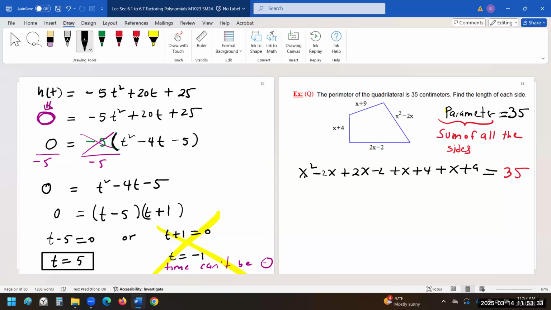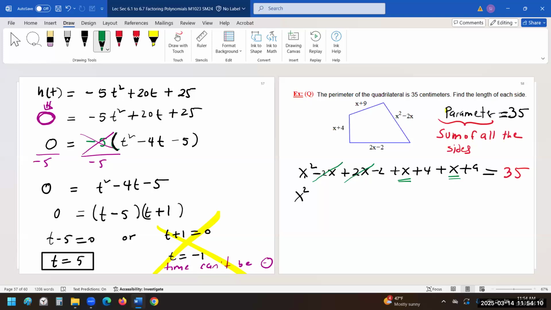So that was the hardest part, figuring out your first step. Once you see your first step, the next step should be clear, right? What do you do? Combine like terms. So we don't have any more x squared. But how many x terms do we have? We have minus 2x plus 2x, they vanish. And then we have one more x, one more x.